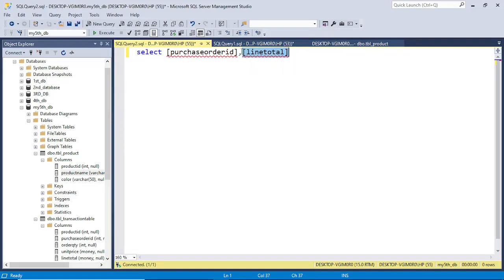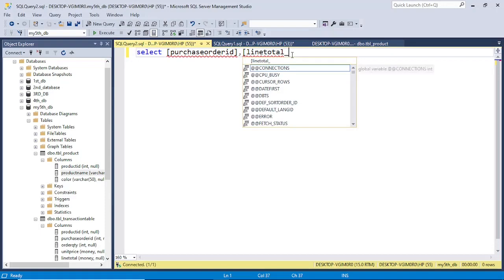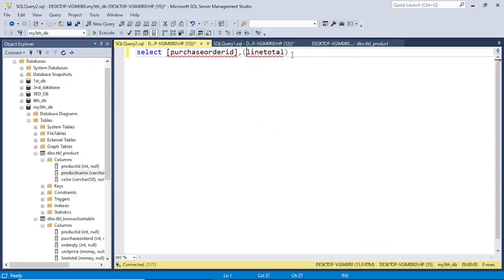So let's aggregate this line total. So what it gives us, line total. Sorry. Sum the line total from the transaction table.